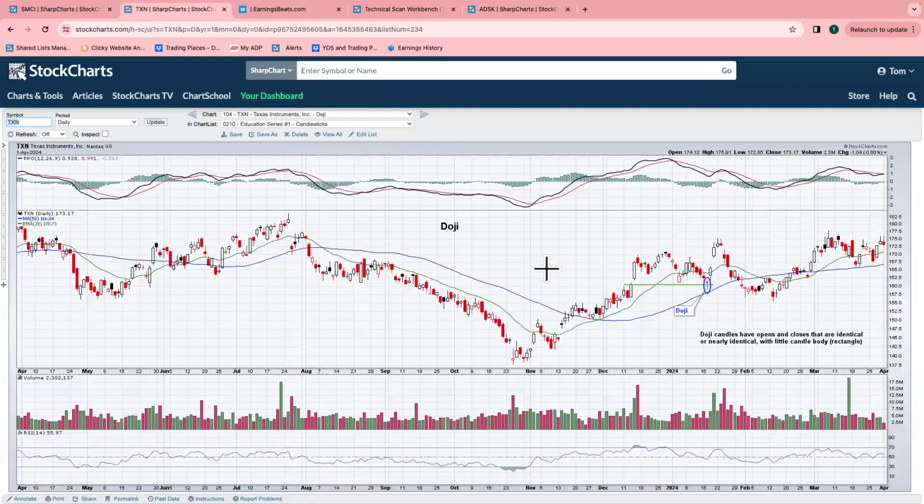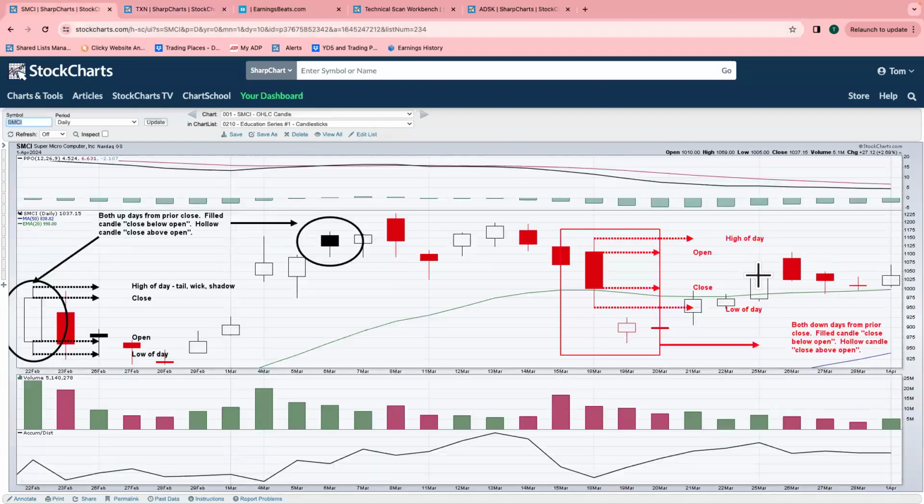All right, next up, Texas Instruments, Doji. So a doji, if we go back, this is what I was trying to point out over here. A doji is when your open and close are essentially the same or very close to the same. Sometimes there's just a little bit of movement. You see a little bit of the candle body.